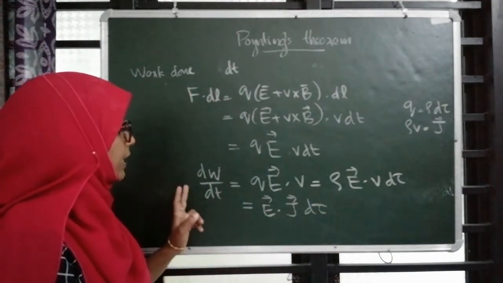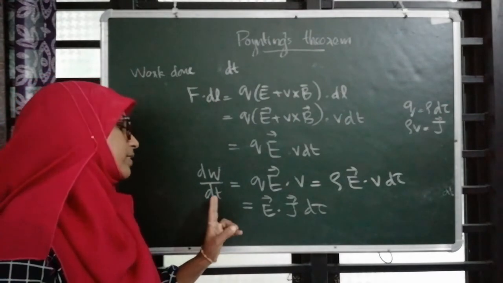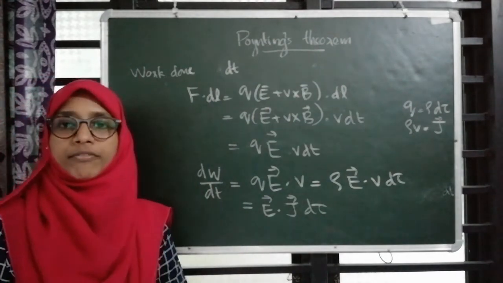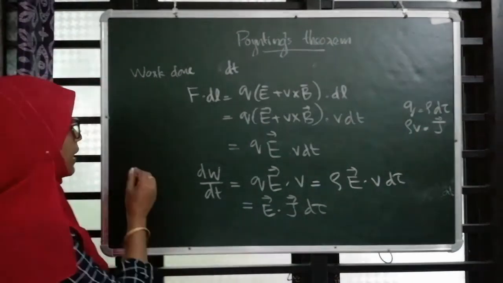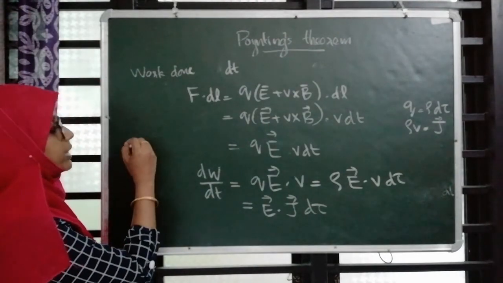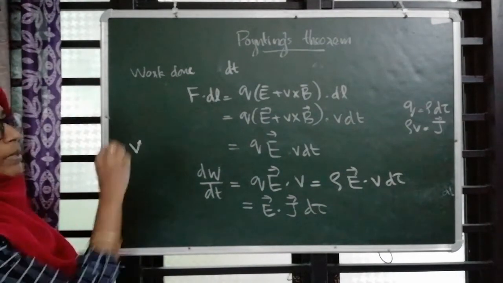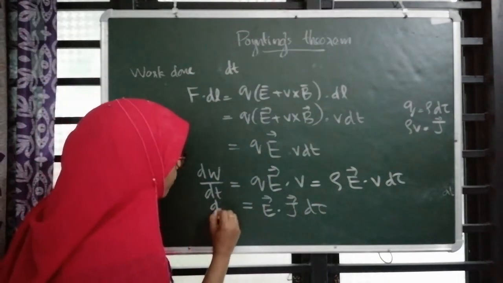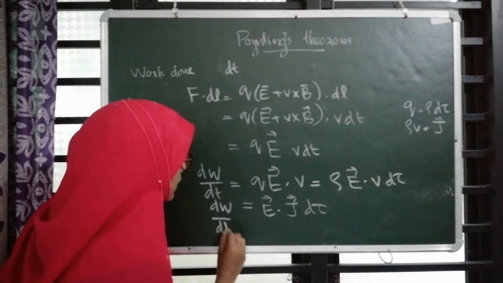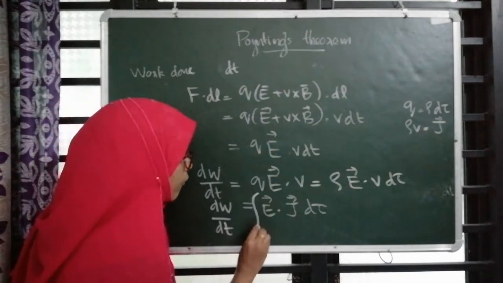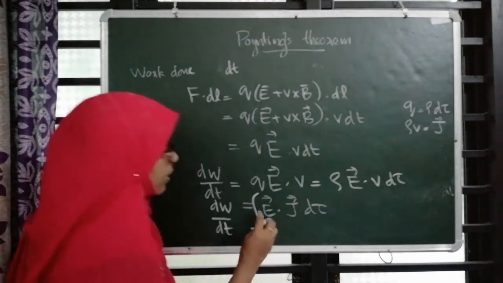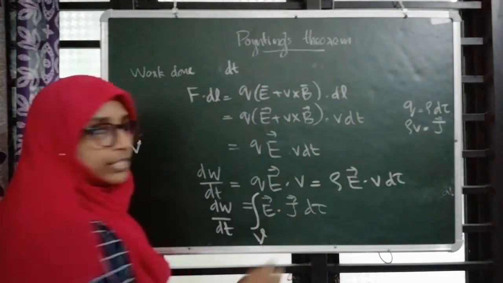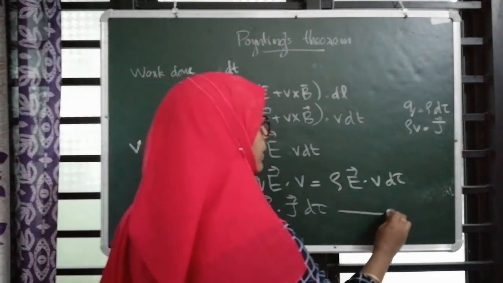Now we can represent the work done per unit time for the whole volume V. If we are considering a particular closed volume V, we can write dW by dt, which is the work done on all the charges in the volume V, as the integral of E dot J d tau, and call it equation number 1.